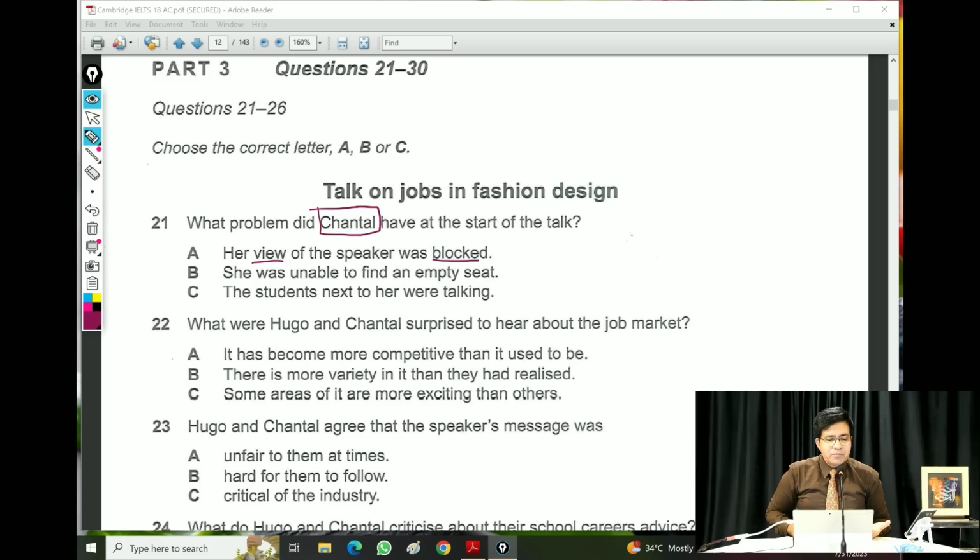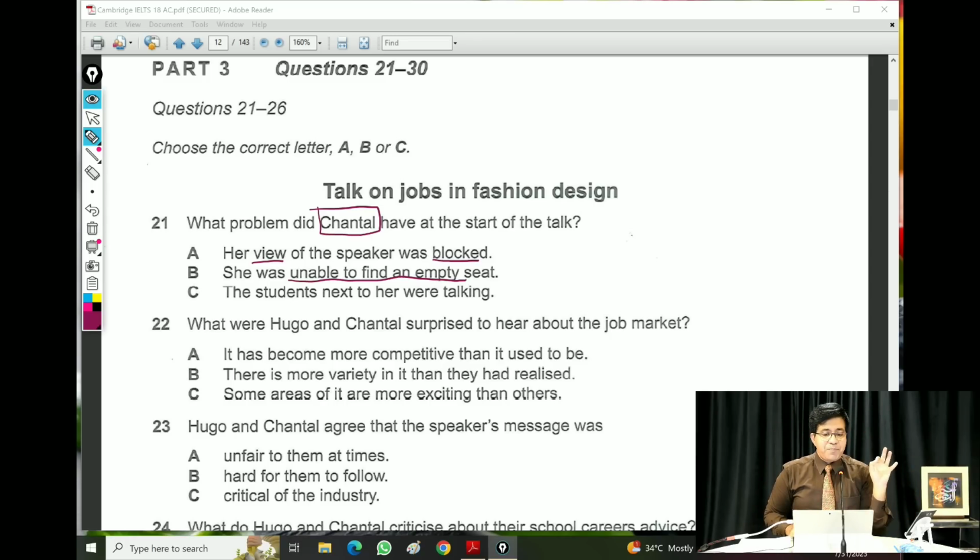Like that, simple. She was unable to find empty seat. If she said, when I entered, all the seats had already been taken, so I had to stand there. What does that mean? Unable to find empty seat. Okay? And option C, students next to her were talking. Right? There were two students who were continuously discussing something and I was unable to pay attention to the speaker.